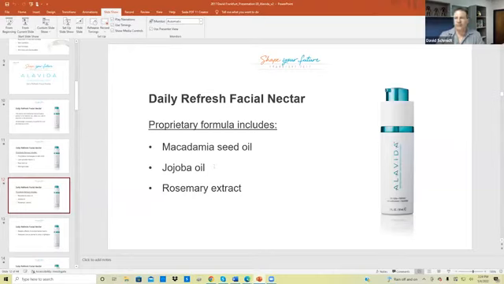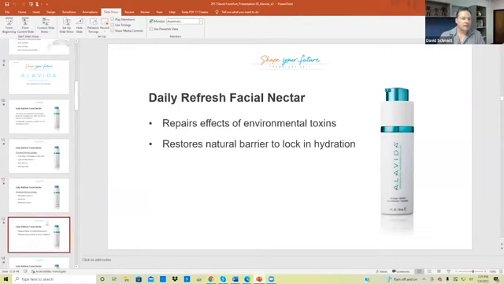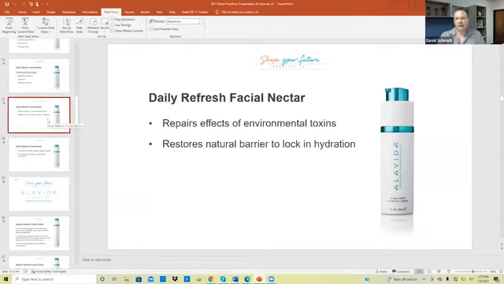We've got a lot of oils in here as part of the delivery system, but they're not greasy. And rosemary extract is a natural preservative. It's an antioxidant, and it helps to act as a preservative for our materials. So that's the daily product, and it does a really great job of improving hydration in the skin within minutes.